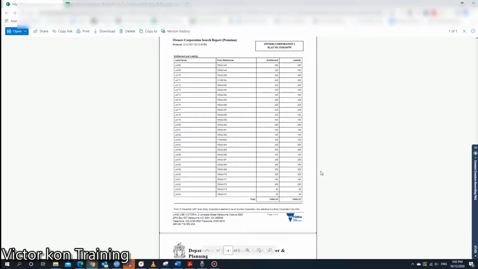Now that is worth questioning. So could you please check that? If you're nice to the strata manager, of course they would. They would say, all right, go back to the system and check whether your lot, let's say lot 88, states 350 for liability and entitlement. If it does, then you will really have to trust it with faith.